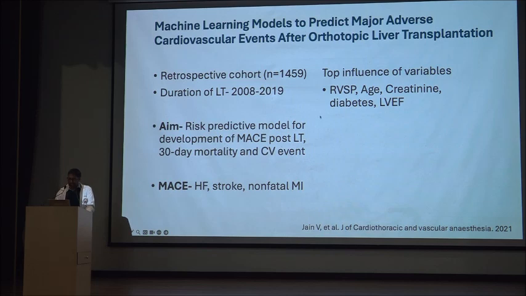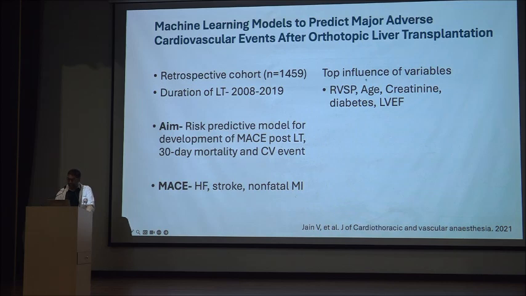Another study was among patients who had already undergone liver transplantation, 1400 patients who underwent transplant between 2008 and 2019. The aim was a risk prediction model for development of MACE post-LT, 30-day mortality and cardiovascular event. MACE was defined as development of any of three: heart failure, stroke or non-fatal MI.